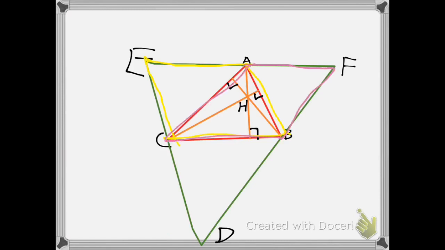Okay, and you can see that parallelogram AFBC actually has the same base as parallelogram EABC. They had the same base, and if they had the same base, the other sides are the same. So clearly EA, and let me write this, the line segment EA is congruent to the line segment AF.